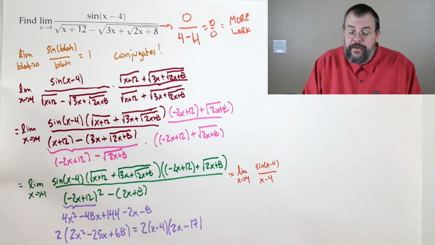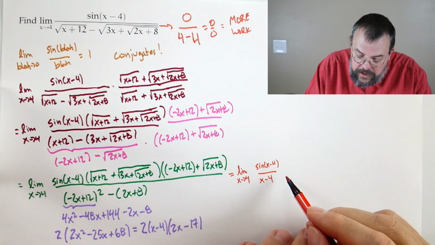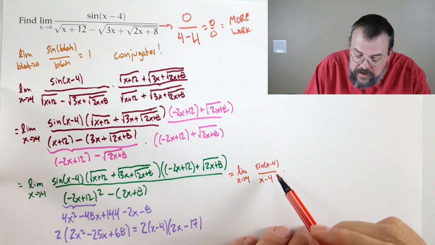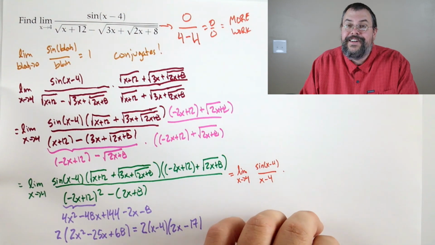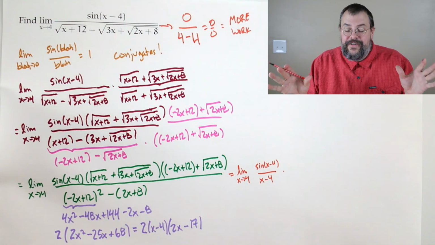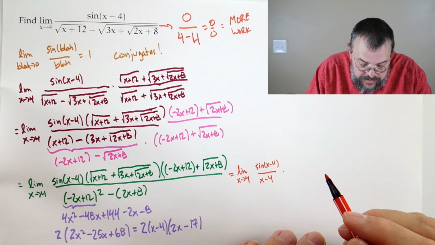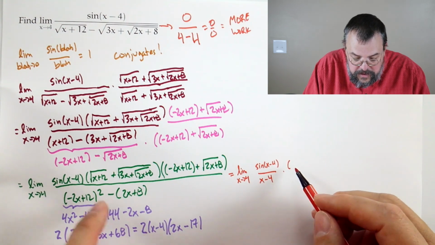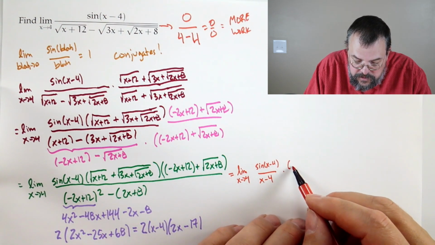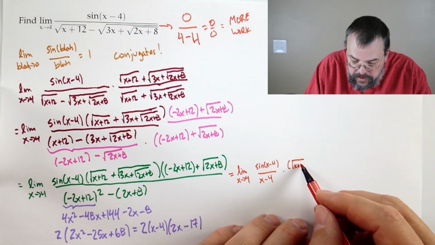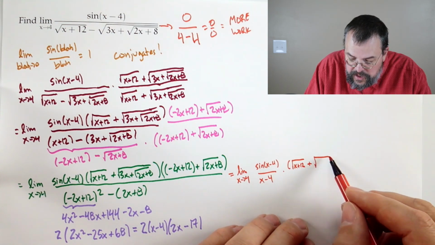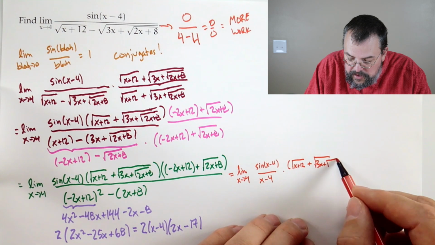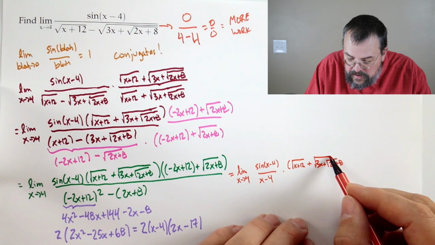Now, what do I do with everything else? The answer is I just write it all out. In essence, here is my 0 over 0. And I know how to handle that kind of 0 over 0. Okay, so what is everything else? Well, there's all this stuff upstairs. So square root of x plus 12 plus square root of 3x plus square root of 2x plus 8.